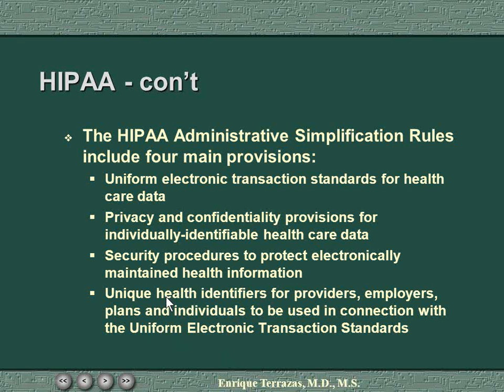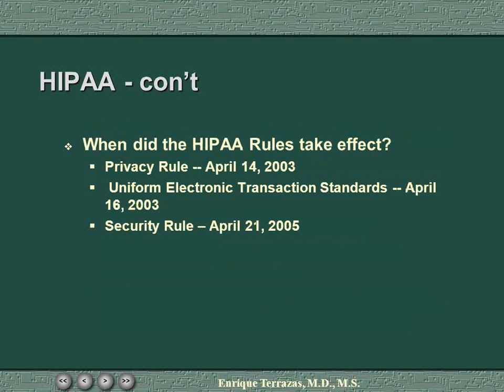We don't have national unique health identifiers for individuals yet. They've been proposed, but privacy concerns have kind of squashed any efforts to go to national unique identifiers for individuals. For physicians, there was very little resistance, so physicians have national unique health identifiers. It's called the NPI number, National Provider Identification.